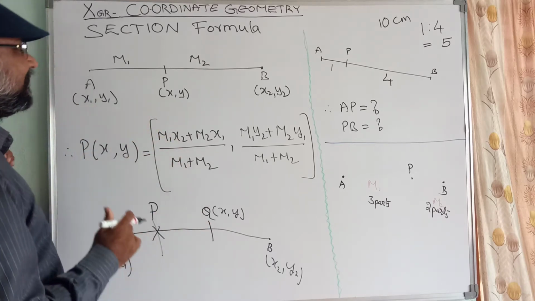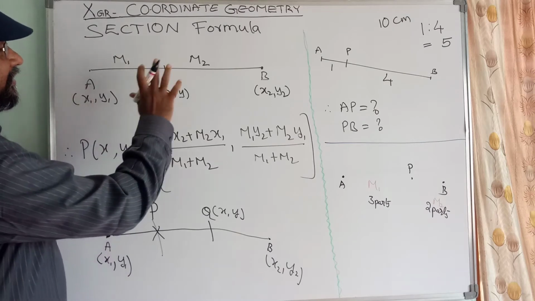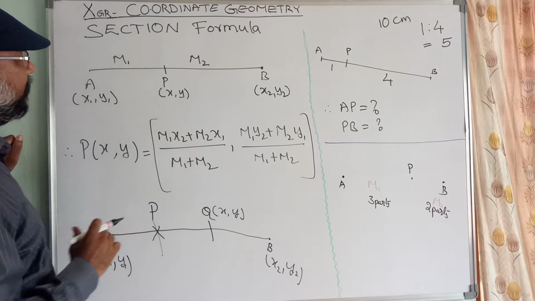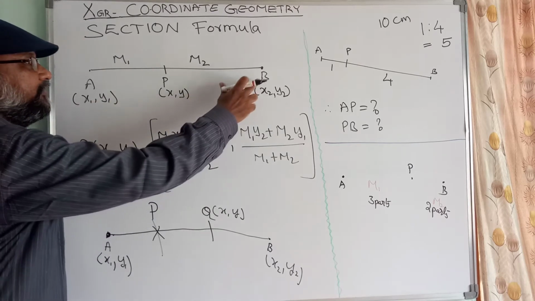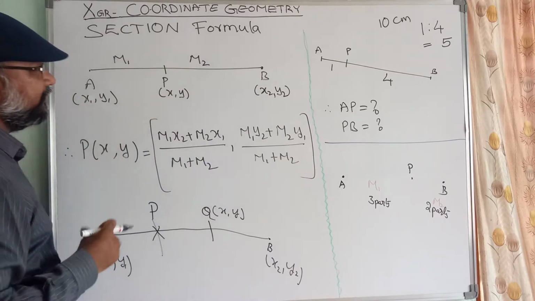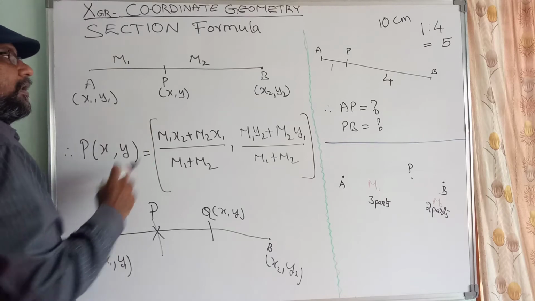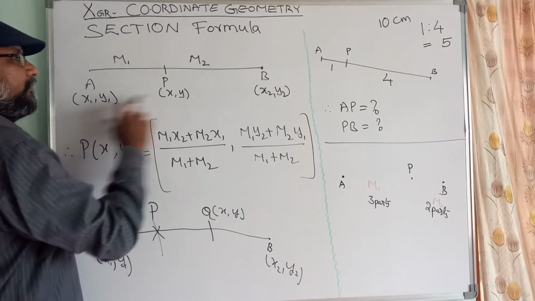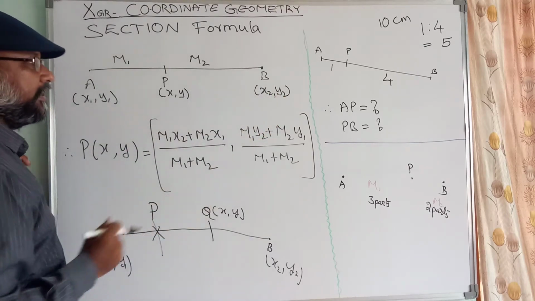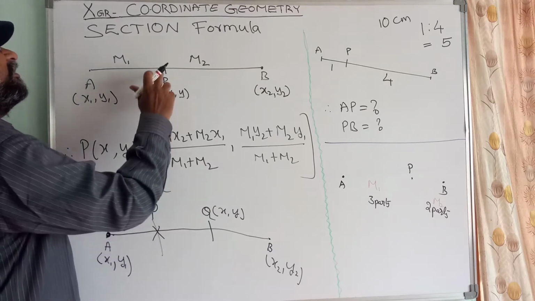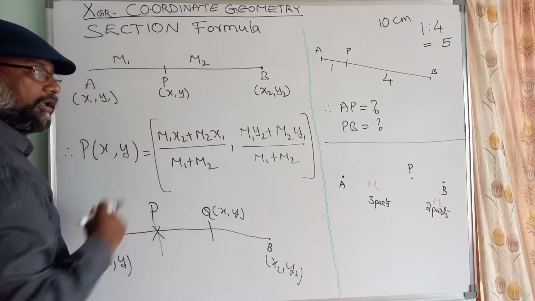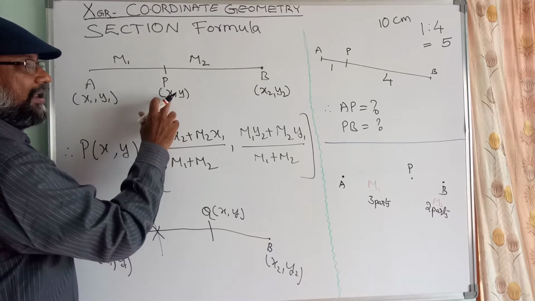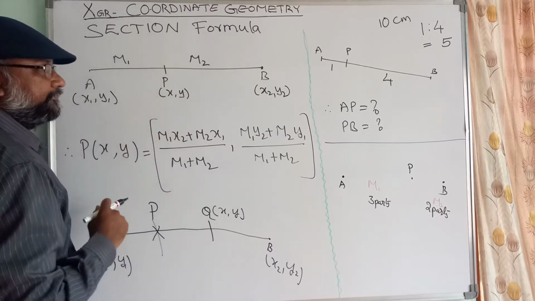Now let us know about this formula. Here we have points A and B. x1, y1 and x2, y2 are the coordinates. Here there is a point on the line joining them called (x, y).